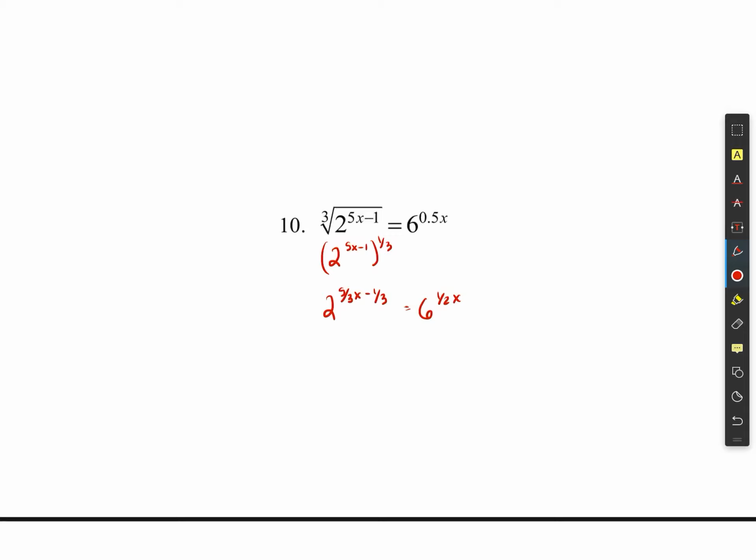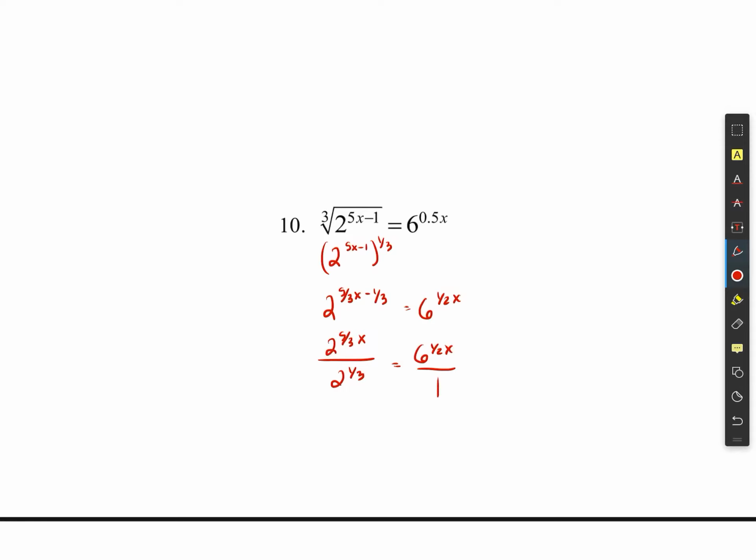Alright, so in this situation, I'm trying to work this out so I can get it closer to what we were doing before. So it started off with that rad, which I think might throw some people off. Every rad, just make it into an exponent. So what do I got? 2 to the 5/3 x over 2 to the 1/3 equals 6 to the 1/2 x over 1.